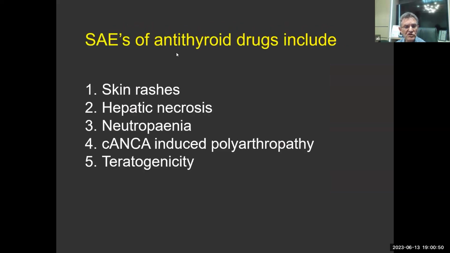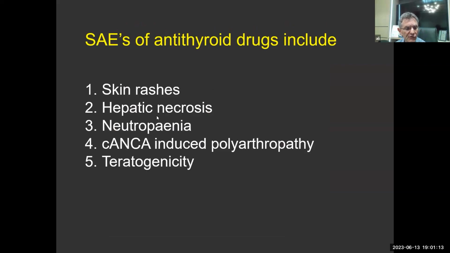So the side effects of antithyroid drugs, such as carbimazole, neomercazole, or propylthiouracil, are very important. They're drugs that are commonly used, and the most common side effects are skin rashes. Hepatic necrosis is very, very rare, but is thought to occur more with propylthiouracil.